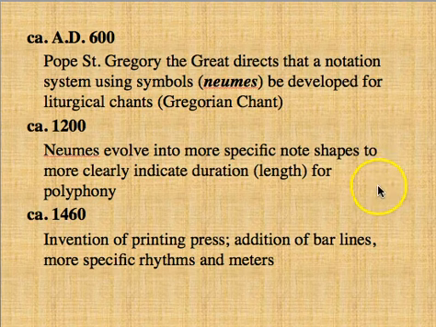Then we have neumes changing their shapes, and everything changed in the Renaissance with the printing press, and that's when we started to have more time signatures, rhythmic notation that we're familiar with today.